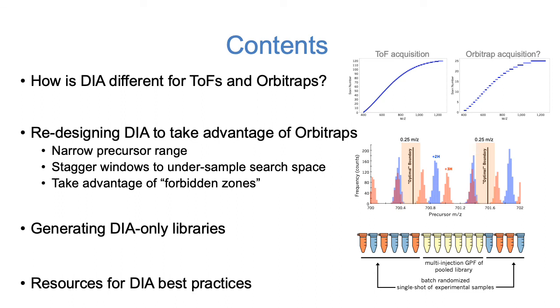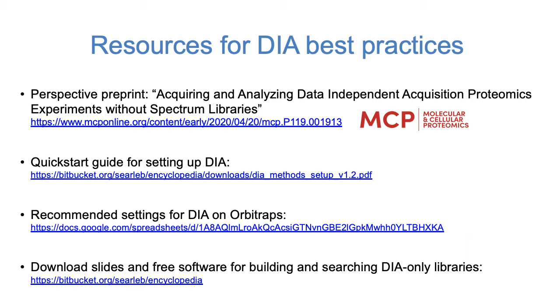We've developed a bunch of resources to help people start collecting data on Orbitraps using our framework, and I wanted to share them with you. First, much of what we've discussed here has just been published in a brand new preprint at MCP.